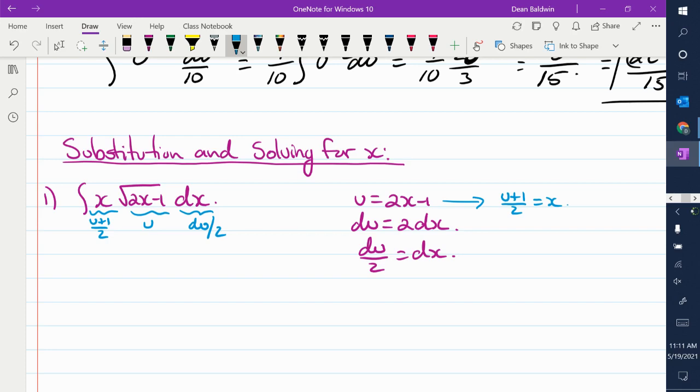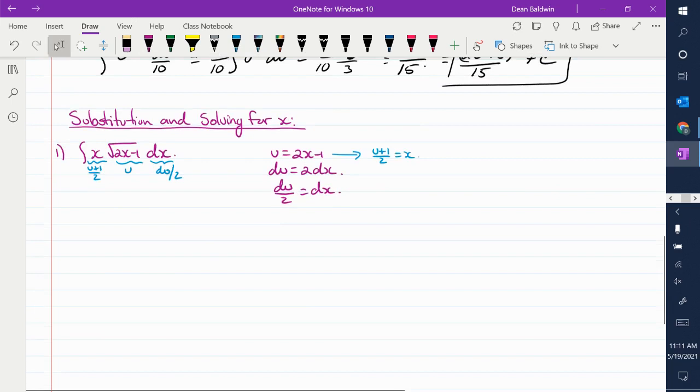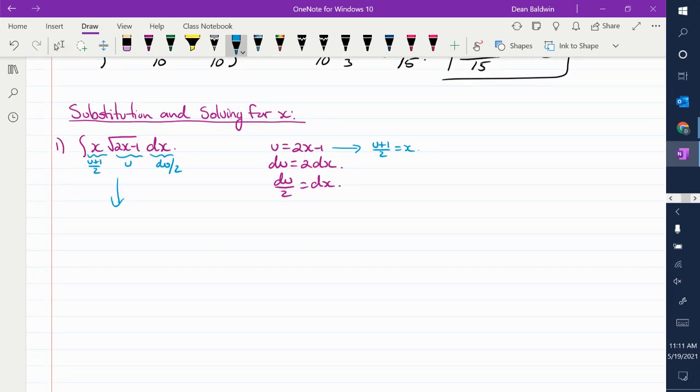So now we've got to clean up the integral. So we're going to rewrite it and then clean it up. So this integral now becomes u plus 1 over 2 times u to the power of a half, that's the square root bit, and dx is du over 2.